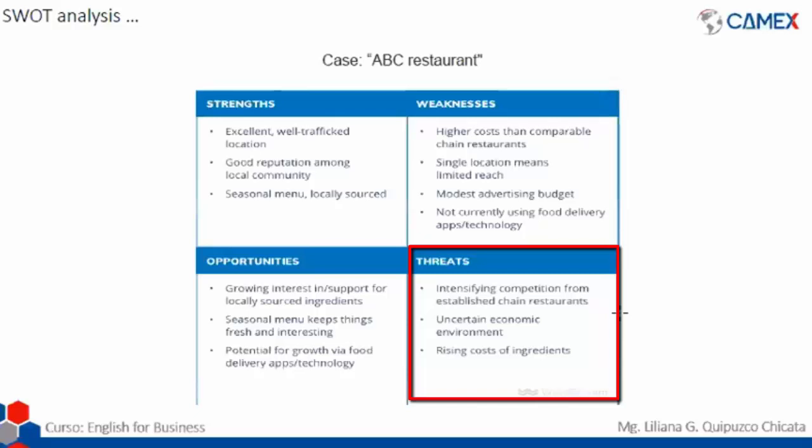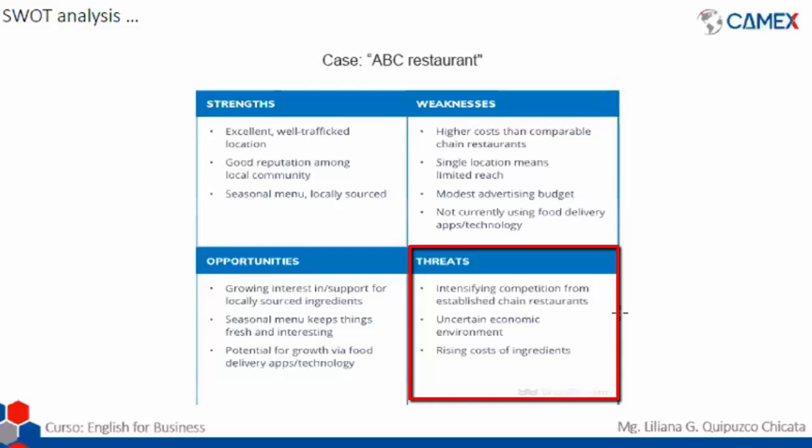I don't know if you have heard about Ayiko. They sell regular, local Peruvian food in the malls. So this would be a threat if they intensify their competition. They will be selling the same product that we do, but they sell it in the mall.